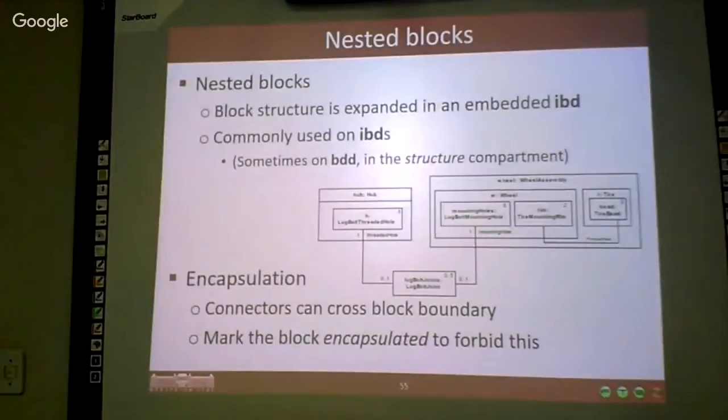But you can also use encapsulation. Because here you can see that the connectors can cross block boundaries. But if you mark a block encapsulated, you can forbid this kind of usage. And as you remember, this can be very helpful, because this can prevent other elements and other engineers from looking inside our blocks, our implementation.